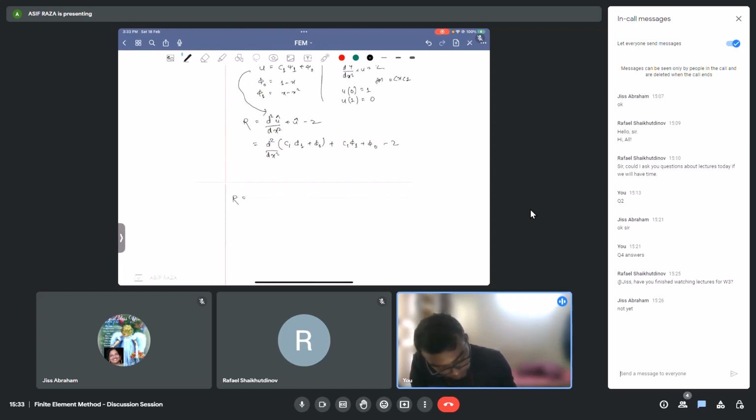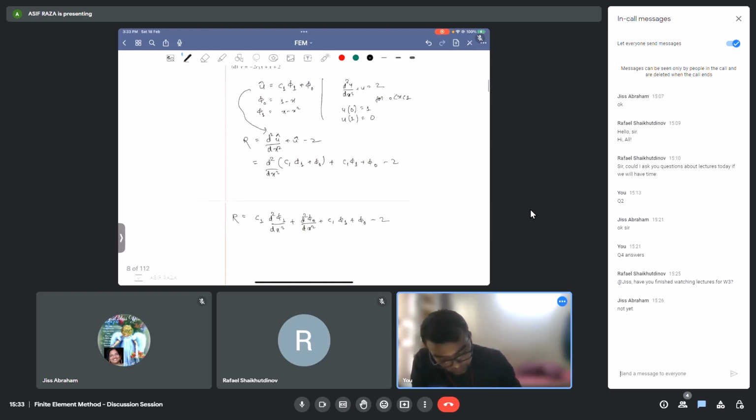This can be simplified as c1 d square phi 1 by dx square plus d square phi naught by dx square plus c1 phi 1 plus phi naught minus 2.